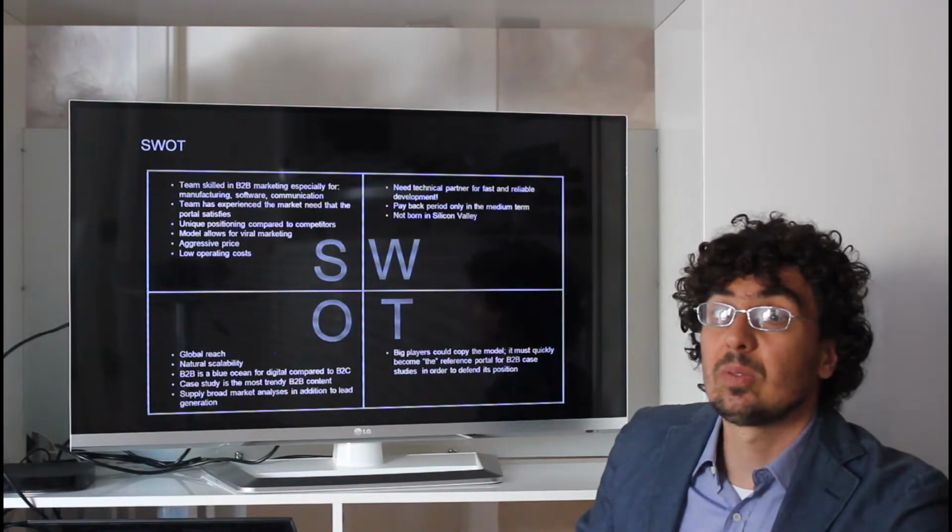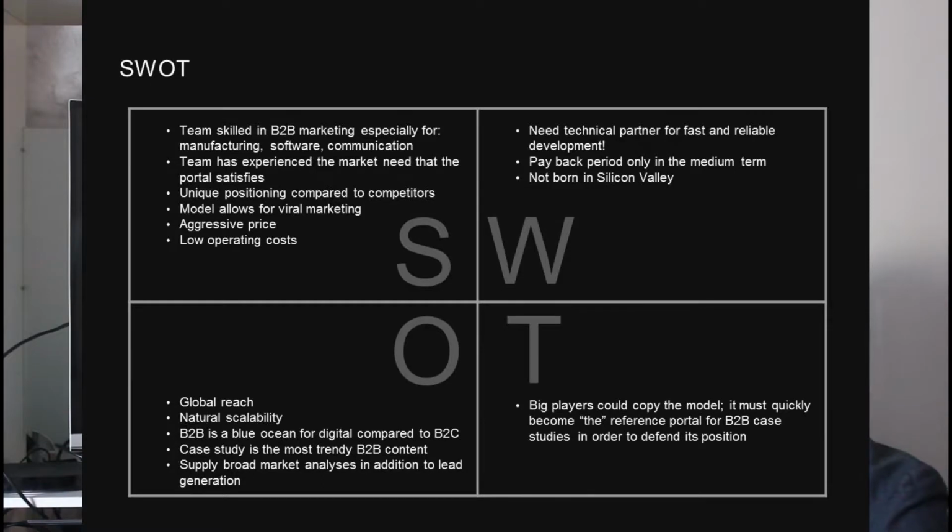Let's see now the SWOT analysis. Our strengths are in the team, because the team knows the B2B market in different fields. The team feels the need of this portal and has collected opinions from marketing professionals that also need this portal. So the team knows the demand, what the demand wants, how huge it is.